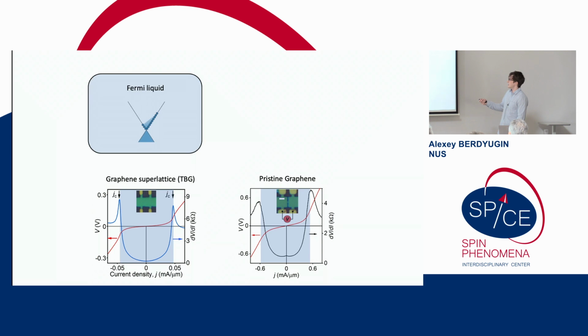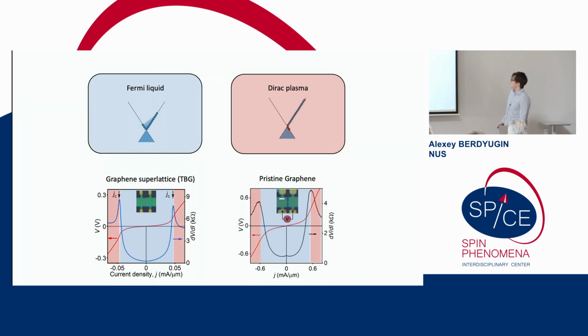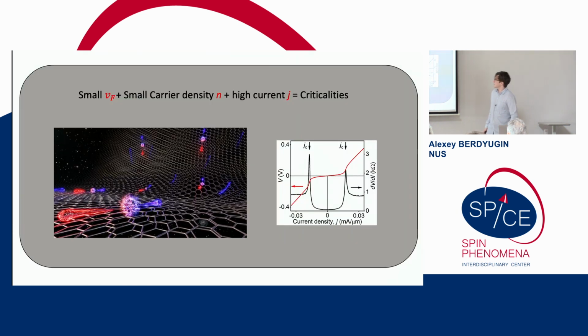Qualitatively, the physics is the same. The initial growth of the resistivity corresponds to the Fermi liquid regime and the tilt of the Fermi surface, and the further point corresponds to the moment of the creation of additional electron-positron pairs and creation of Dirac plasma.